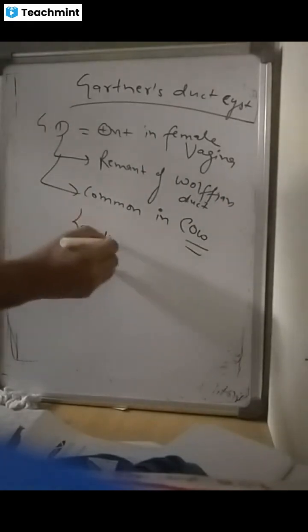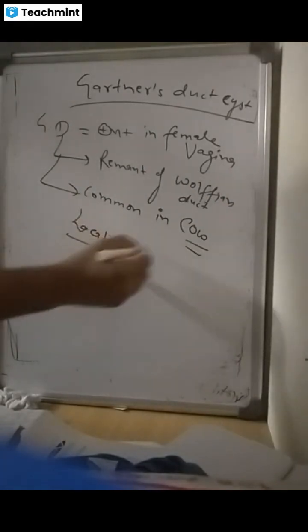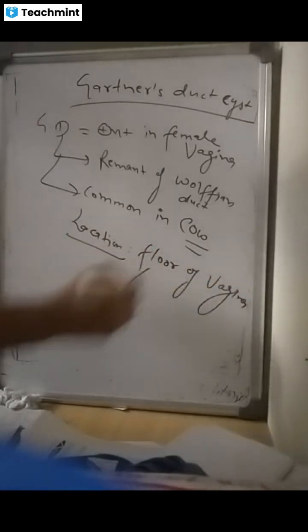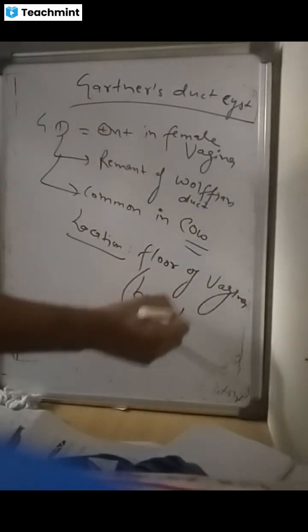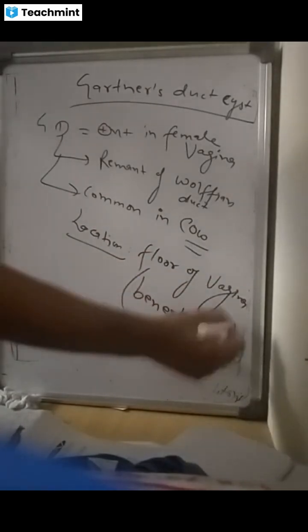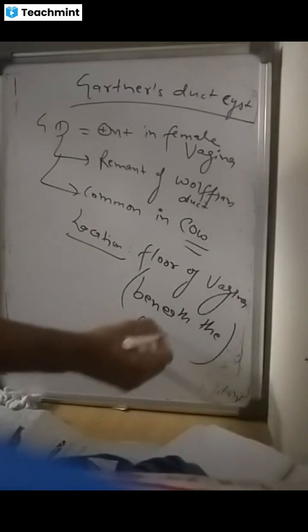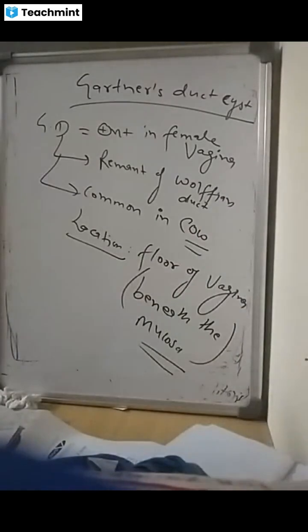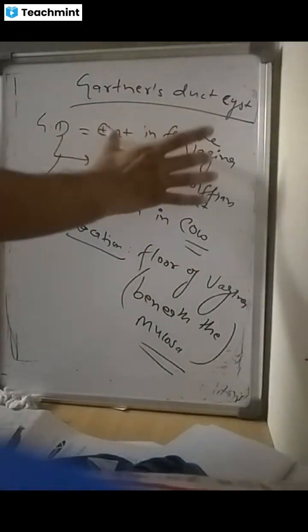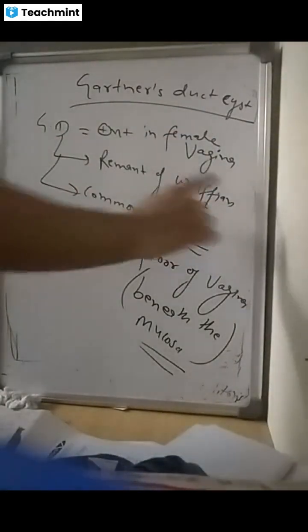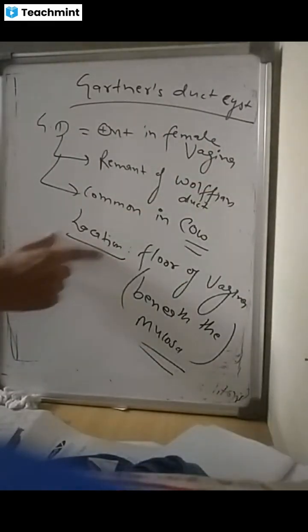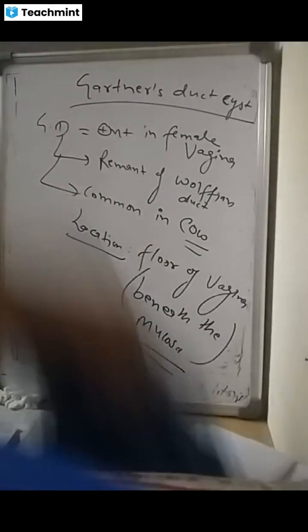What is the location? Floor of the vagina, beneath the mucosa. So Gardner ducts are present in the vagina, remnants common in cattle, located beneath the mucosa of the vagina.